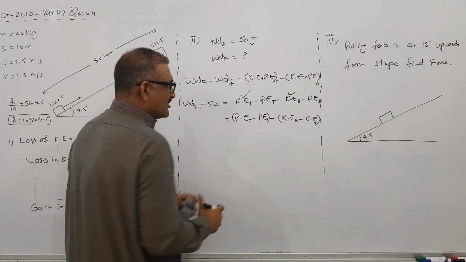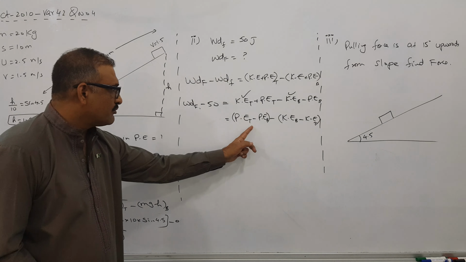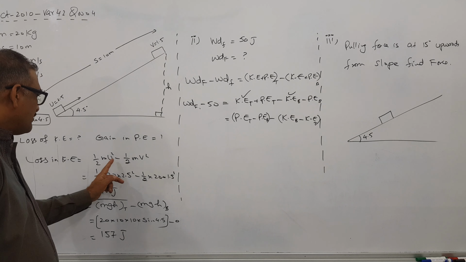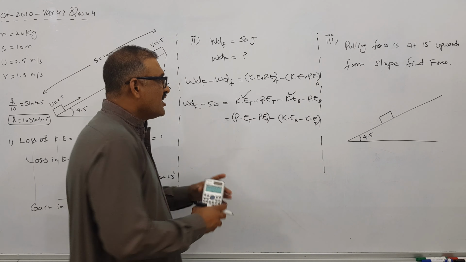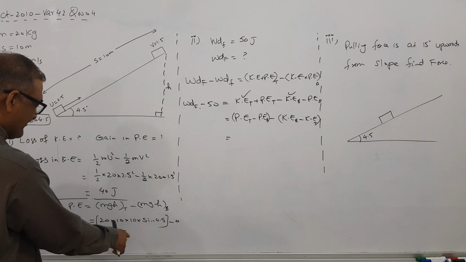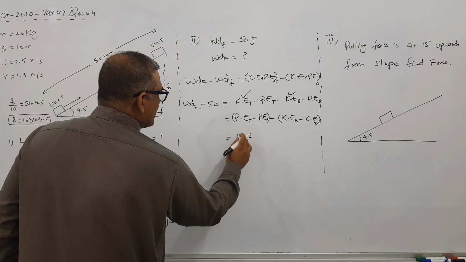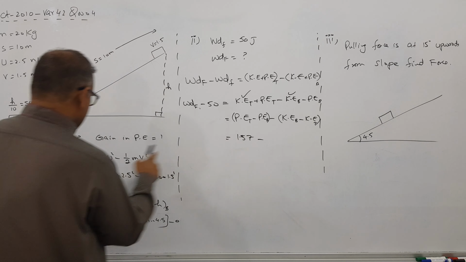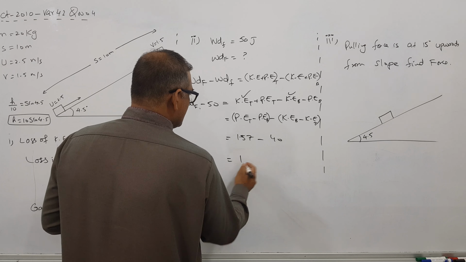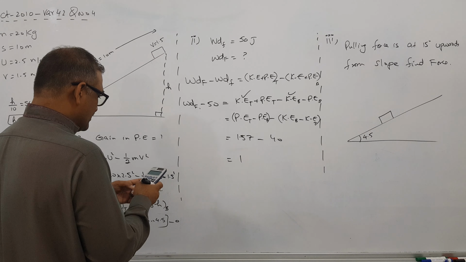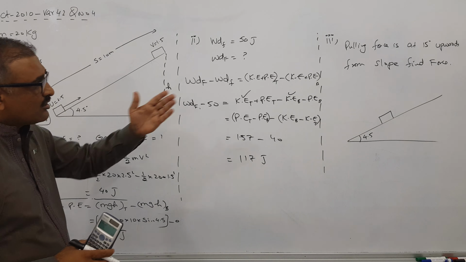You can see this is exactly the same: top minus bottom, top minus bottom, and this bottom minus top, because bottom speed is u. This value we have here is 157, and this value is exactly 40. So the answer is coming 137. 157 minus 40, 117, sorry. So 117 joules. And then let's talk about the next one.